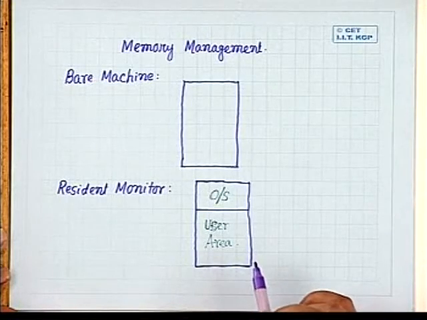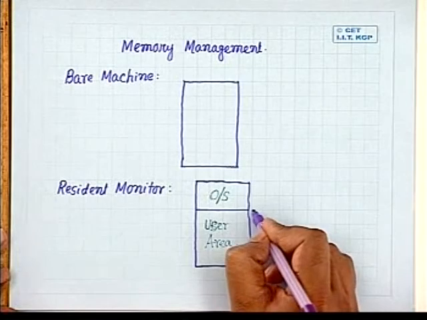Whenever a user program is executed, we must ensure that it is not permitted to access the operating system part. But the operating system, because it monitors the entire computer, can have access to the user area. So what we need is some sort of fencing.